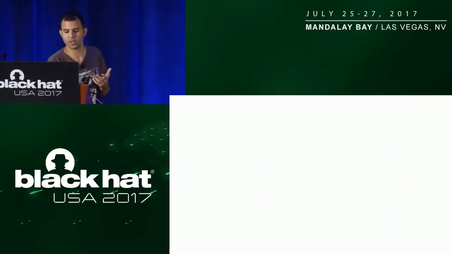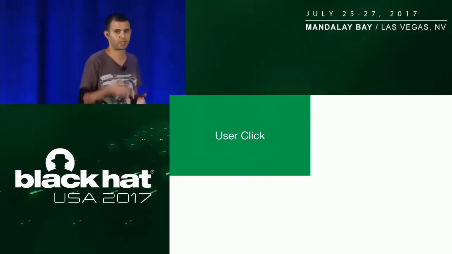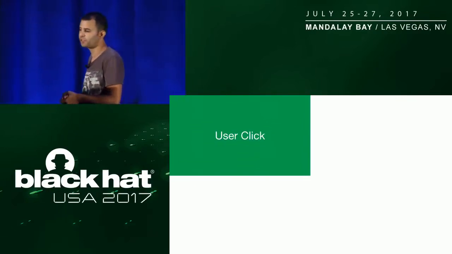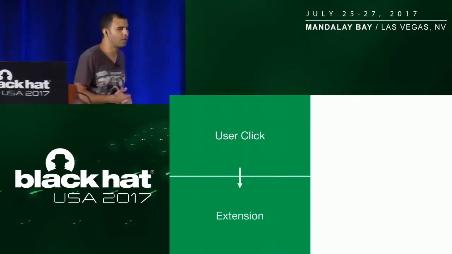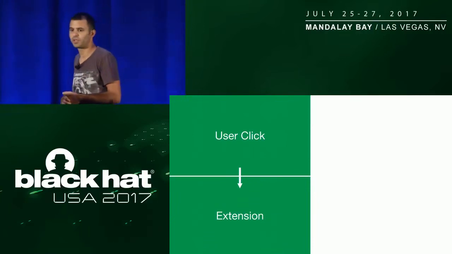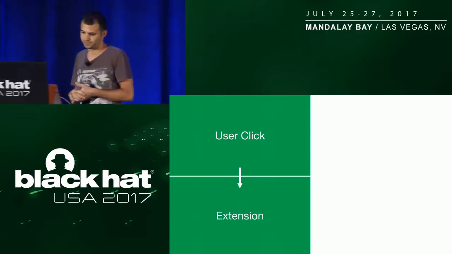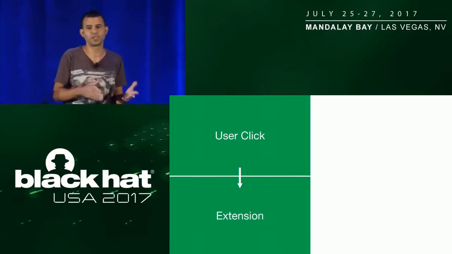It always starts with a user clicking. In the first attack, it was the user clicking on a Facebook message. In the second attack, it was a notification. Then somehow, a malicious Chrome extension is installed on his browser. In the first attack, the user had to install it from the web store.